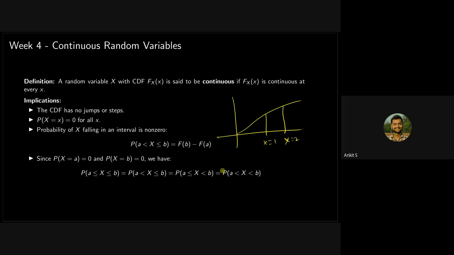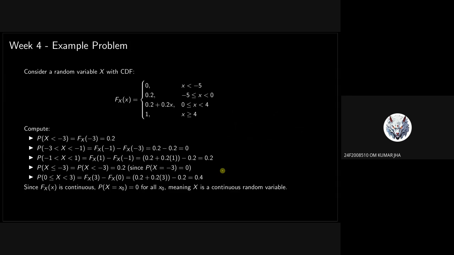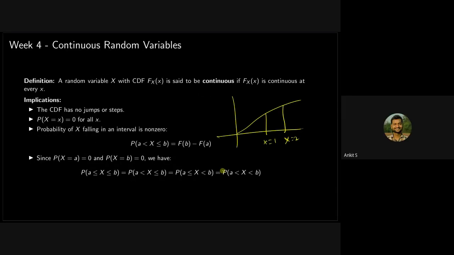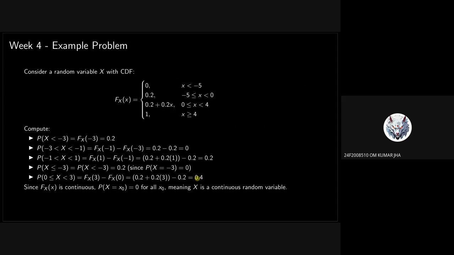If you remember these little things, then it will become very easy for you to not get confused, especially during exams. Sometimes it happens that, suppose you are calculating some Chebyshev's inequality, and you are worried about whether to include a or not include a, but then you will remember that it is a continuous random variable. I don't need to worry whether I include a or b or exclude a or b, it does not matter. Okay.